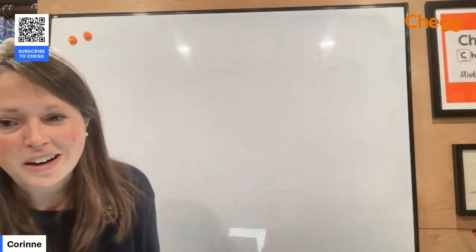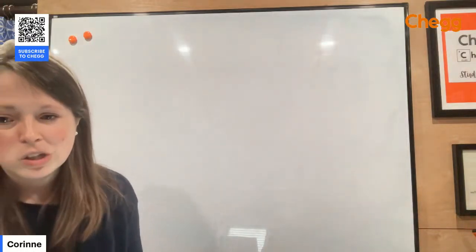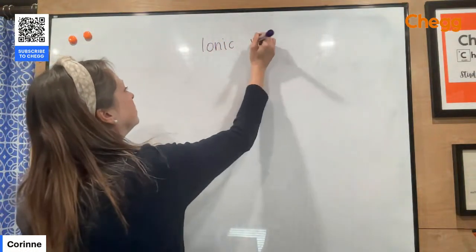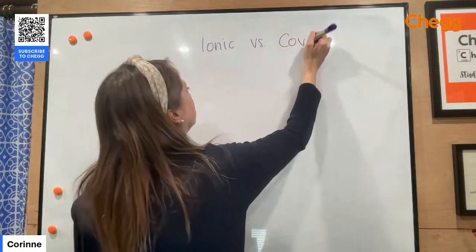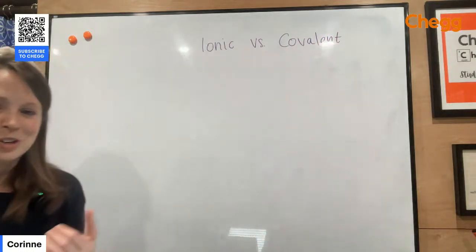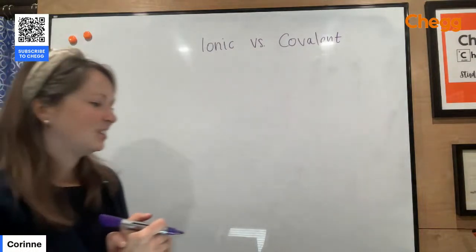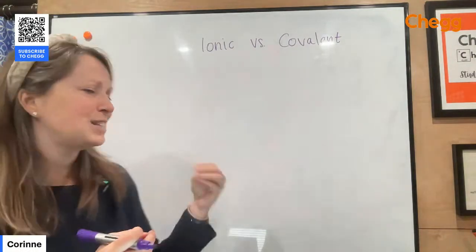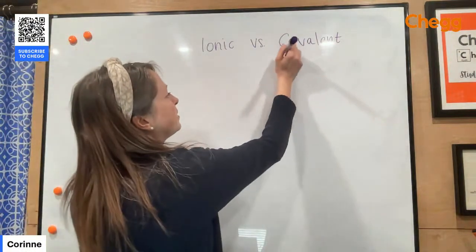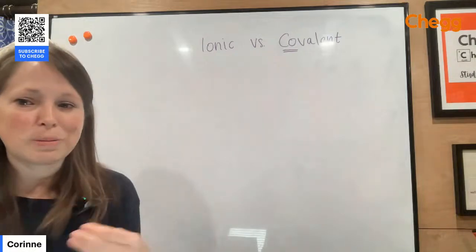All right, so ionic versus covalent bonds. I do not like how every chemistry class is just filled with really confusing terminology, so anytime I can give you a trick to break it down, I'm going to give that to you. For covalent bond, think about the word co. Someone is codependent, right?